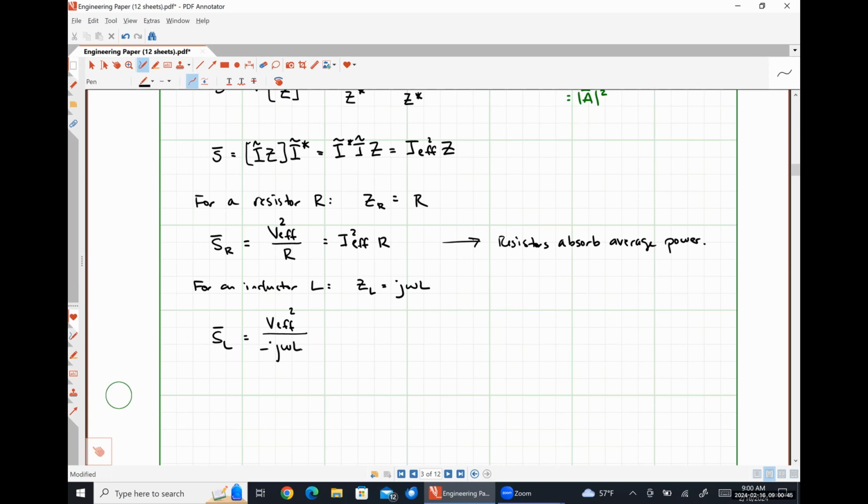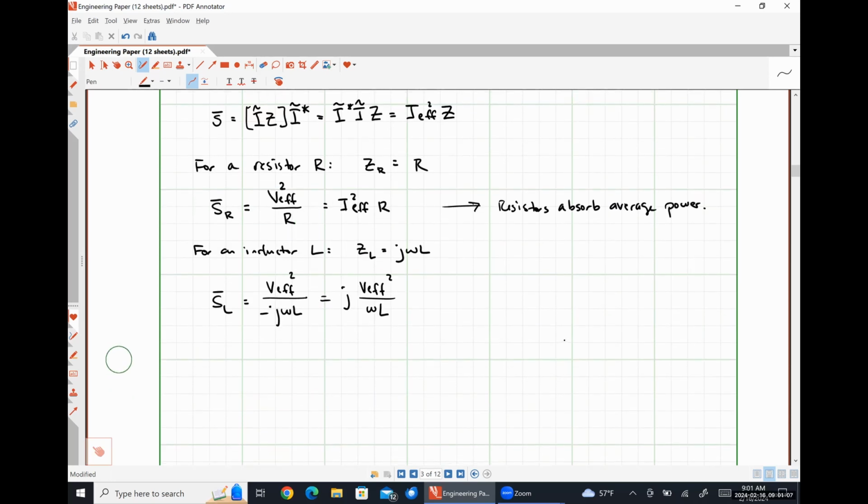And what is 1 over negative J? Positive J in the numerator. Absolutely right. So that's just going to look like positive J times V effective squared over omega L.